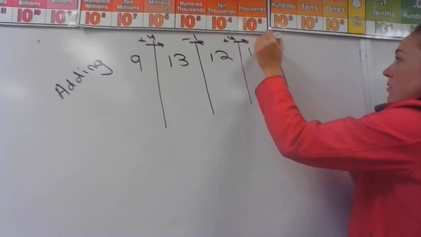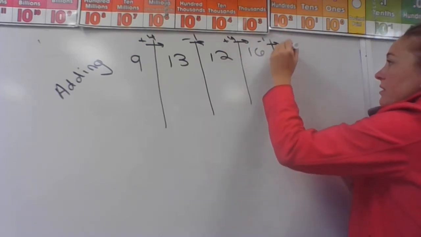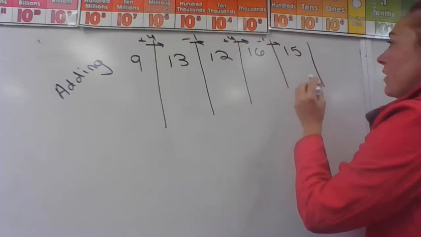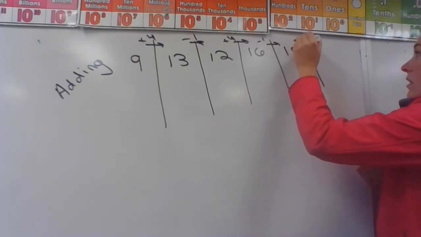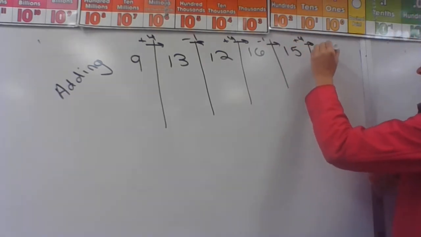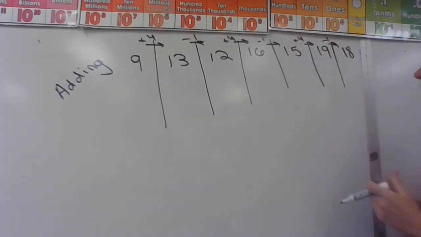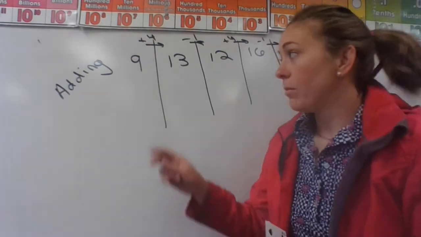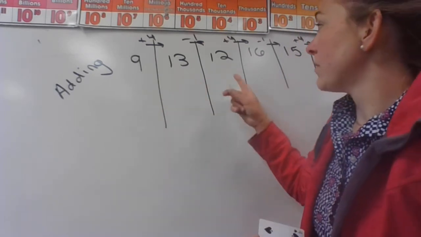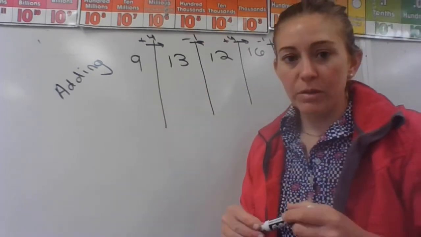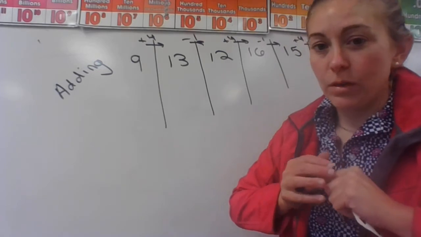And then subtract 1. 16 minus 1 is 15. And then add 4. 15 plus 4 is 19. And then subtract 1 would be 18. And I can just keep going like that. Plus 4 minus 1 plus 4 minus 1 with my pattern the whole time as well.